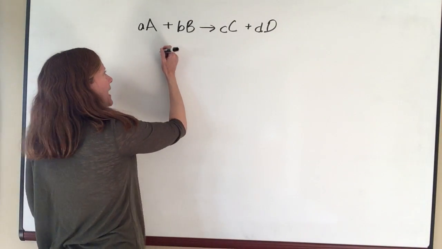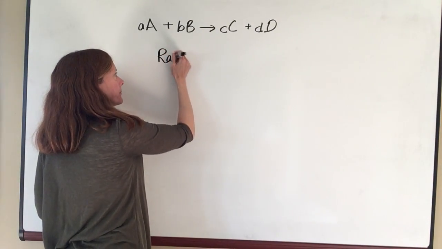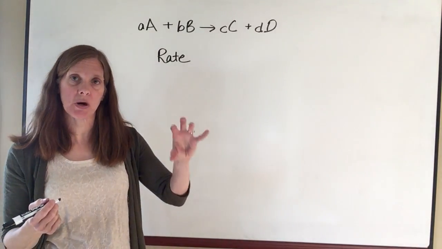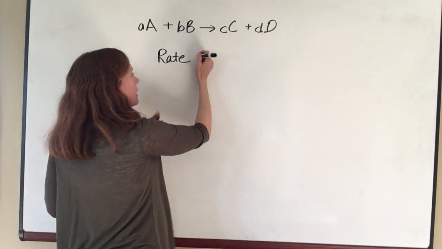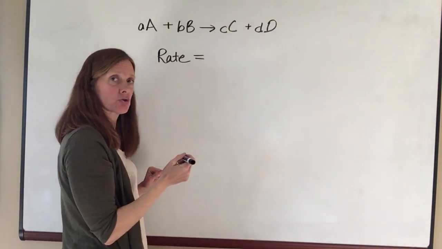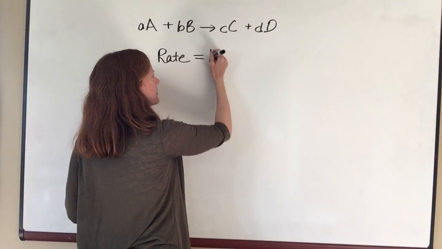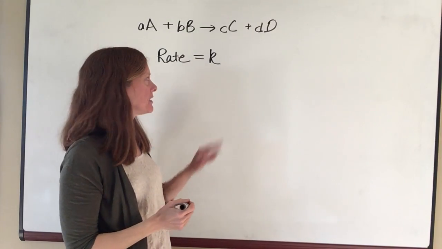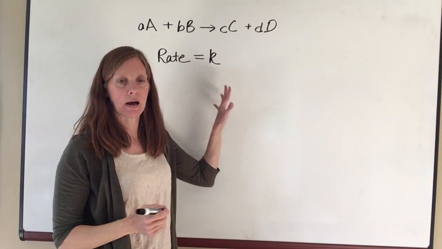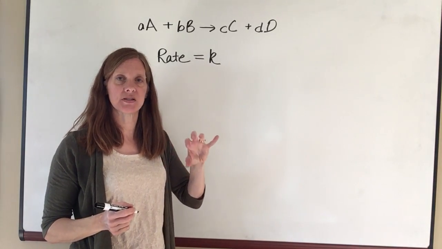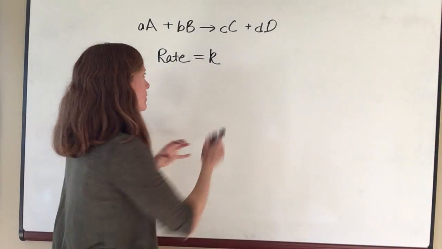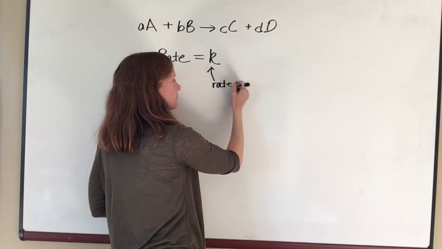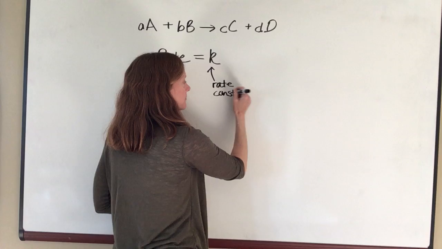So the reaction rate, which we have defined before as the change in concentration per time, we can calculate. Every reaction rate has what's called a rate constant. This rate constant, as we're going to learn a little bit later, is dependent on temperature and some other things. So it's going to vary for each specific reaction that you talk about.